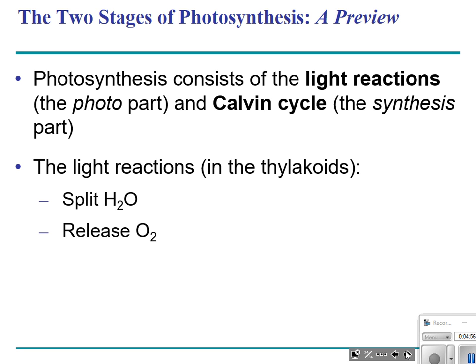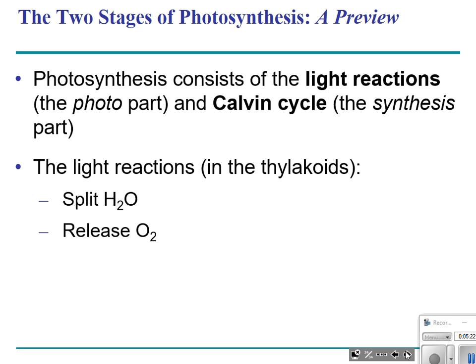In the light reactions, and it's important that you mark down and you know where these occur at. Your outline already has them. Where does the light reaction occur at?